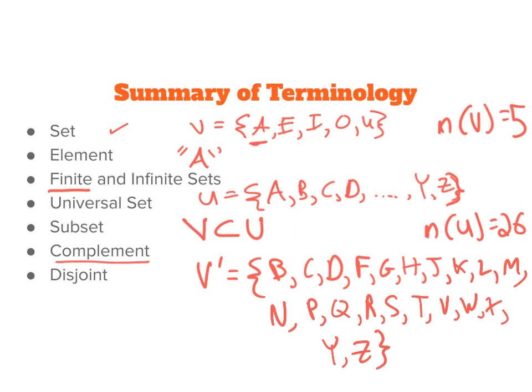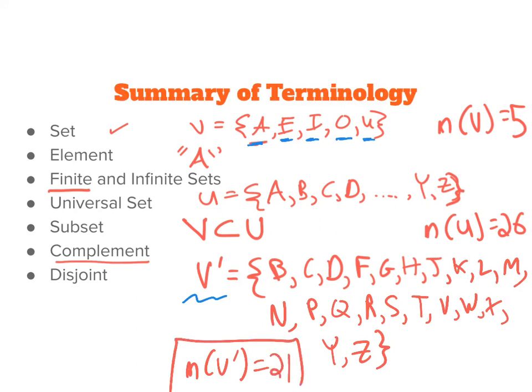So if we compare this to V, none of the elements in V are in V prime. That's what makes them complements of each other. And if we were just to take into account the number of elements in V prime, it is 21.